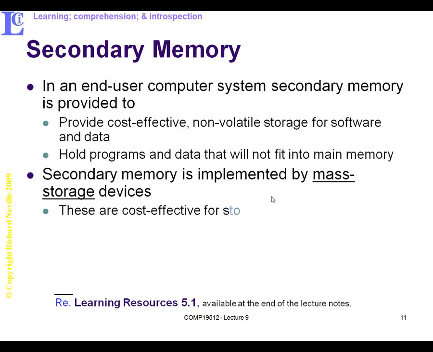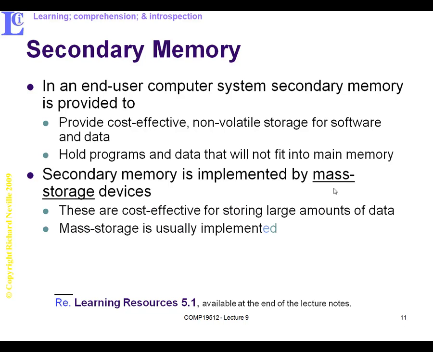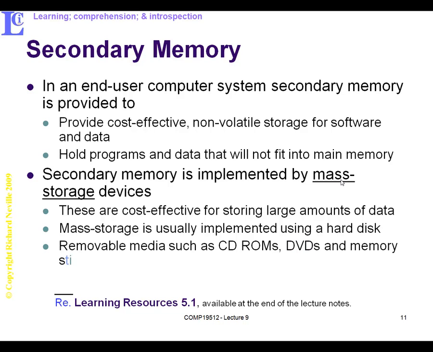So the important thing to realise about the secondary memory is it's implemented in mass storage. So the secondary memory is normally an order of magnitude bigger. So the figures nowadays, they used to be a couple of years ago, a gig for RAM and maybe 1 to 8 gig for hard disk.